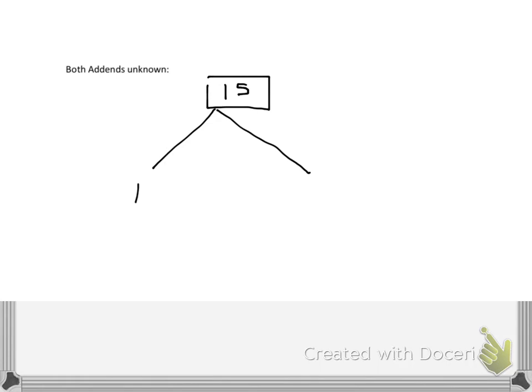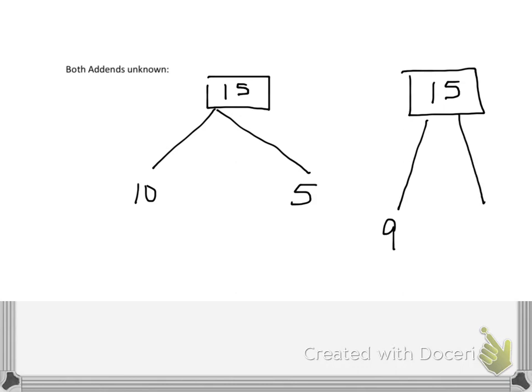So if you pick a 10 for Cheryl, then Amy would have had a 5. But there are many ways to do this problem. The end result is still 15, but what if I reduced the 10 by 1 to a 9 and increased Amy's count by 1 to a 6?